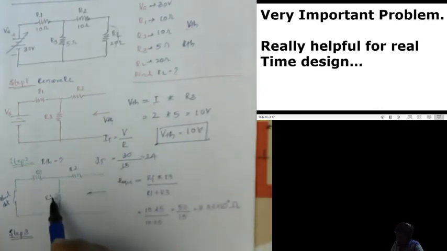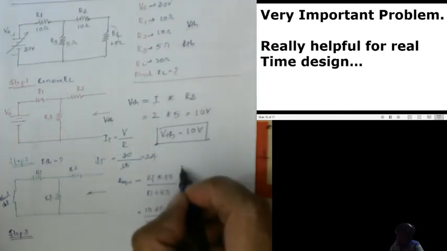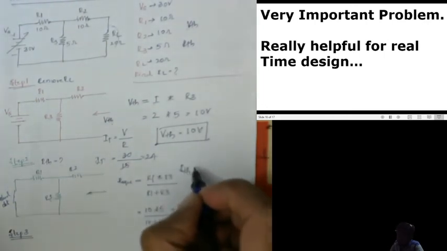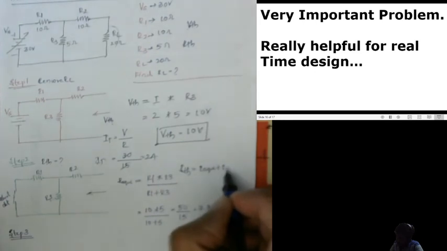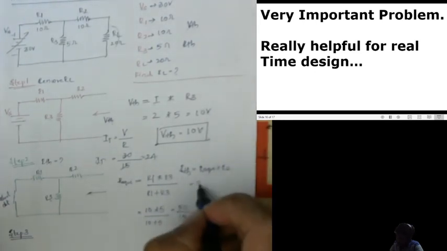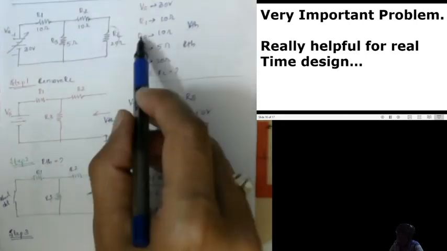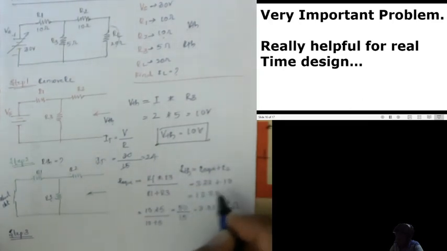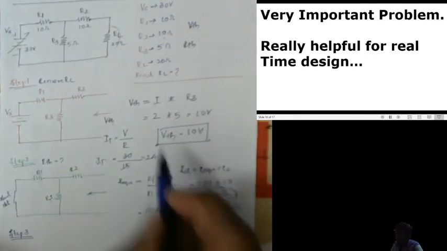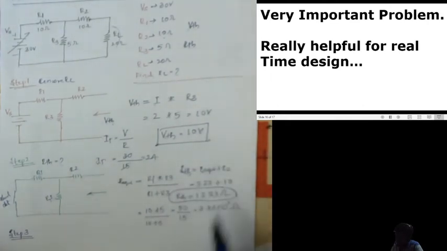That resistor is connected in series with R2. Therefore the total RTS is equal to R equivalent plus R2. R equivalent is 3.33 plus R2 is 10. This becomes 13.33 ohm. The VTS value is 10 volts, the RTS value is 13.33 ohms.